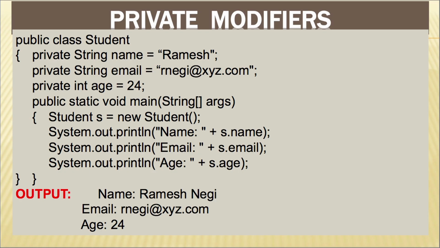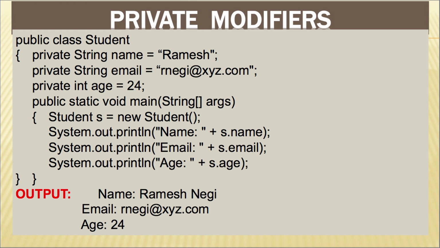Ramesh is initialized to the name variable, and the email of that name is rnegi@xyz.com. The third variable is the age variable. Notice these three variables are private variables: private string name, private string enrollment number, and private integer age. So these three variables are private variables.